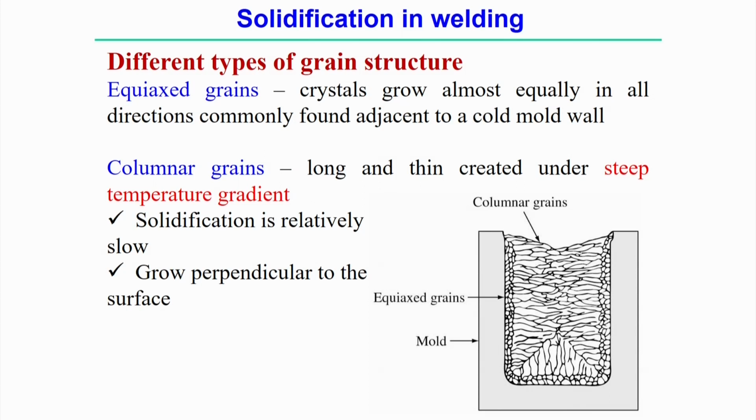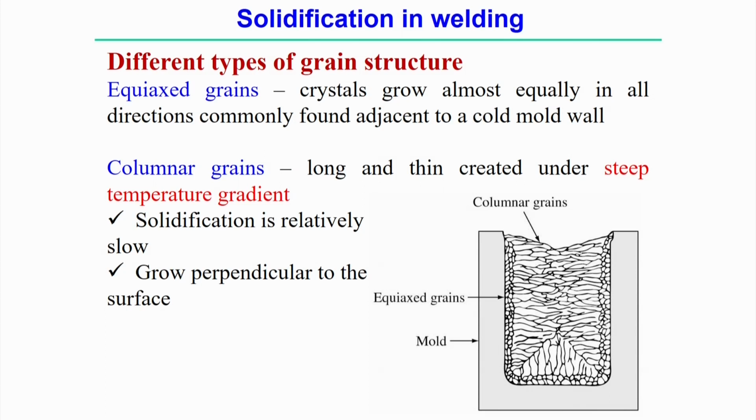Similarly, we can find the columnar grain structure. It is basically long and very thin, created under a steep temperature gradient. A high temperature gradient oriented in a specific direction is the driving force that makes columnar grains. Columnar growth is relatively slow compared to equiaxed grains, because equiaxed grains form throughout the whole surface at almost the same time.